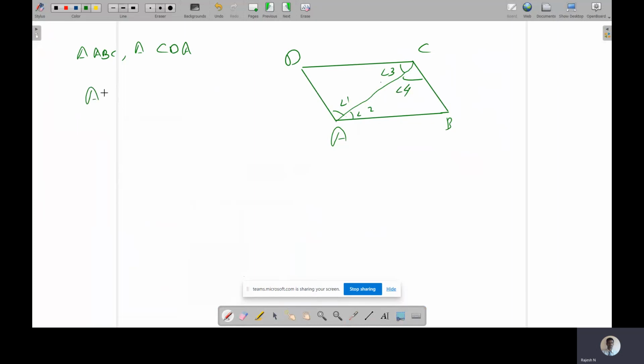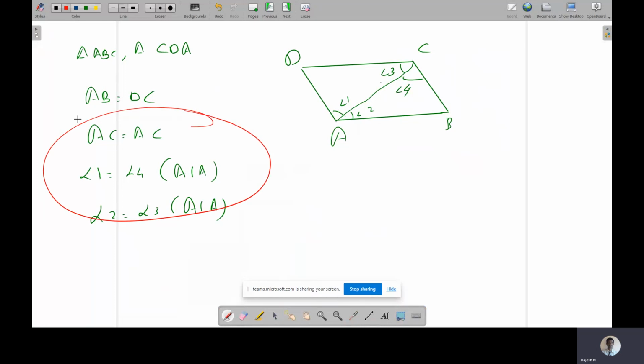You can say that AB is equal to what? DC. Why? The opposite sides are equal. Next, AC is equal to AC, common. Next, angle 1 is equal to angle 4. What is the reason? Alternate interior angles. Angle 2 is equal to angle 3. What is the reason? Alternate interior angles.